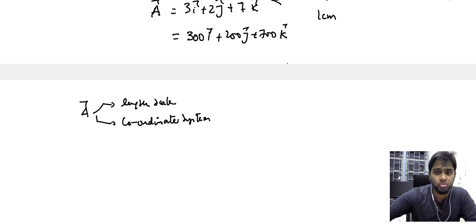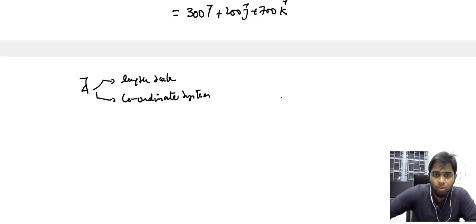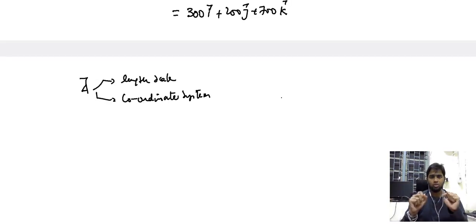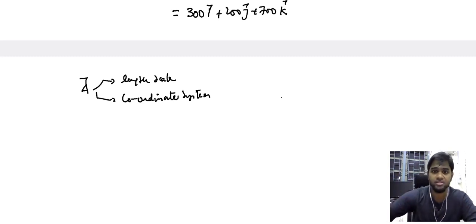In order to do that, let us consider two different coordinate systems that we are familiar with, and we will try to relate those coordinate systems. By relating them, we will attempt to arrive at a way of expressing a given vector that is invariant, that does not depend on the coordinate system.